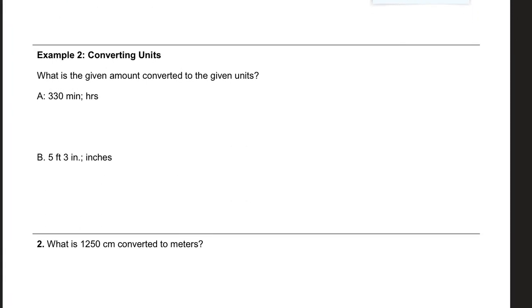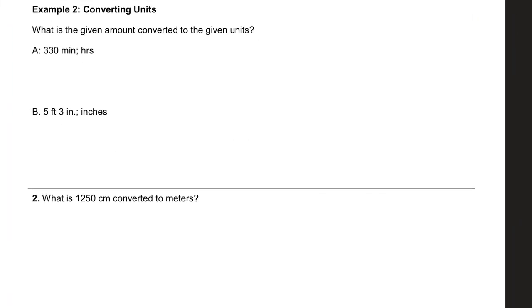The next big idea of this lesson is converting units. So we've got to know a few things about certain units. So we have to know there's 60 minutes in an hour. So if I'm converting 330 minutes to hours, I've got to know that my number for hours is going to be less than my number for minutes, because there are 60 minutes in 1 hour.